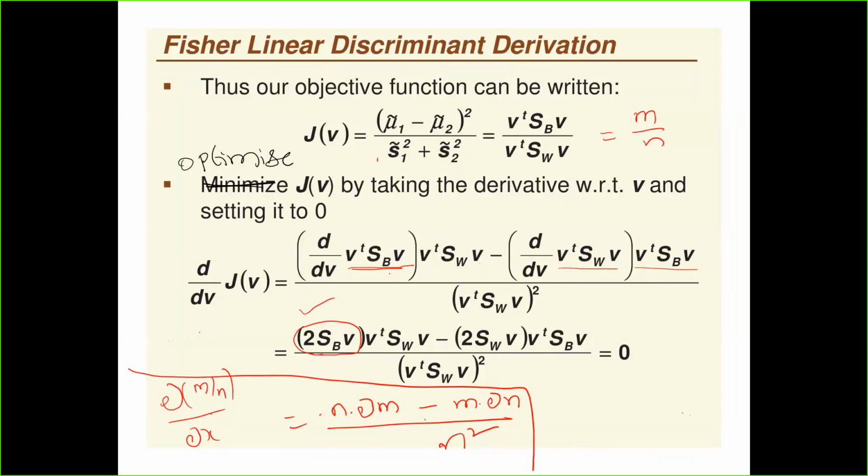It's not either V times SB or SB times V. Whatever you get element wise, when you express it in vectorized notation, that is what we write here. I hope that is clear, sir. Is there any further query? Clear? Okay.